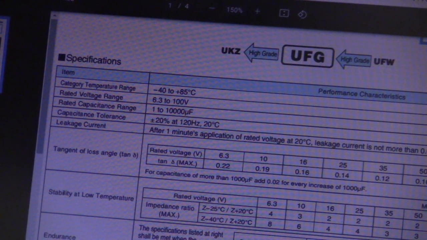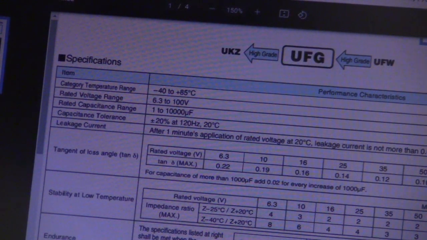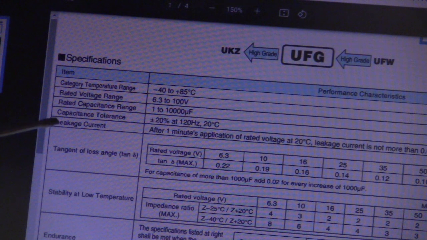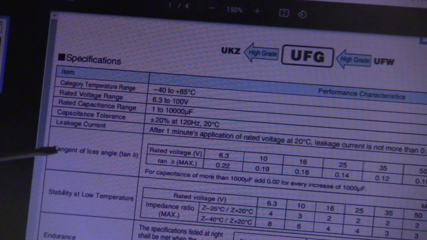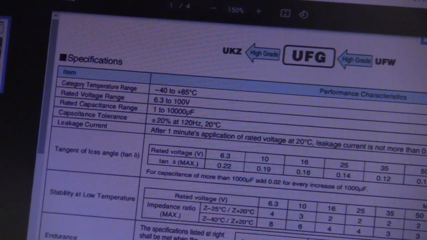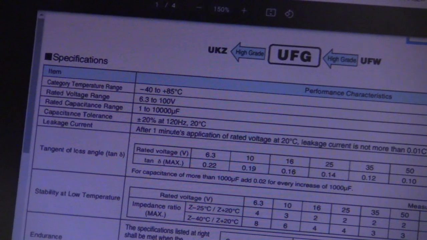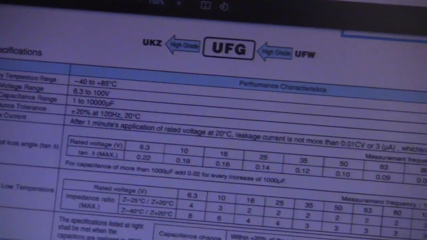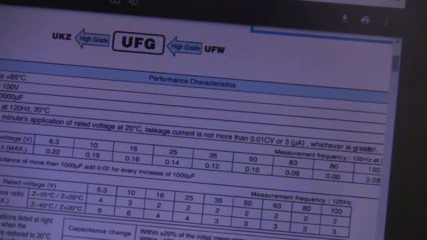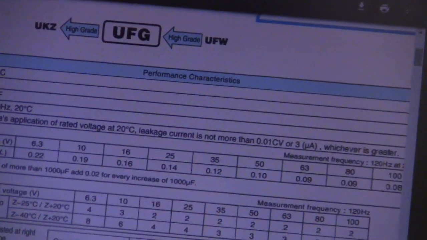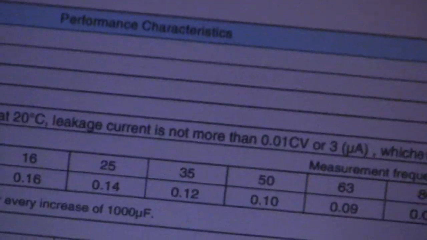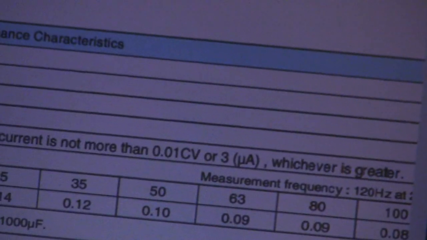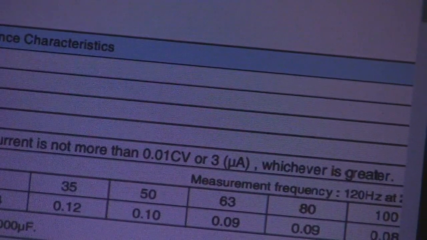Let's also read there is a leakage current here. We're not talking about that right now. Tangent of loss angle, tangent theta. We also move to the 50. I think we are interested in the 50. Let's see how much there. 50 is 0.1.